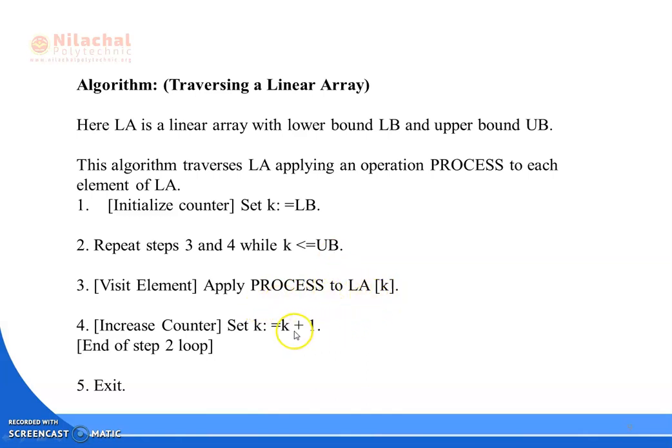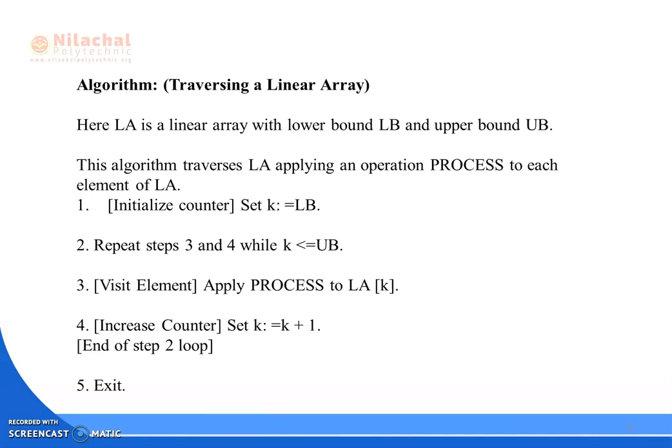After processing, it will again increase by 1. Now the value of k is 2 plus 1, that is 3. Again it repeats steps 3 and 4: when the k value is 3, is it less than or equal to the upper bound? We already know the upper bound is 2. But here it does not satisfy the condition; 3 is not less than or equal to 2.